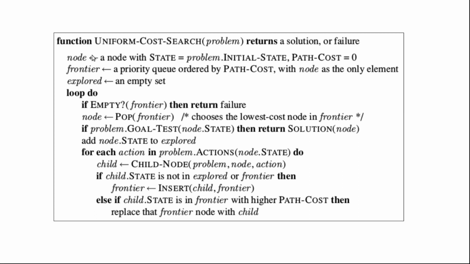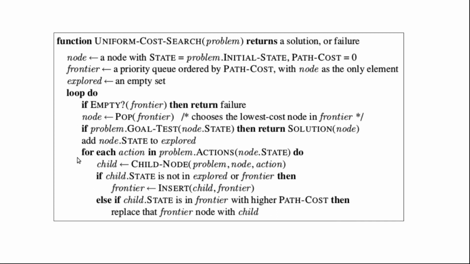So we create the node for the initial state, and we add that node to the frontier list, and the frontier list is nothing but a priority queue ordered by the path cost, the G value. So initially, in case of our example, in the frontier list we will only have Arad, and our explored set will be an empty set.